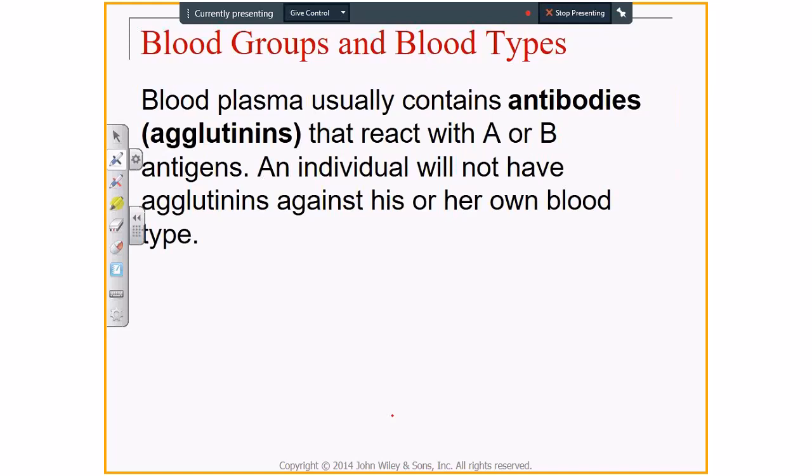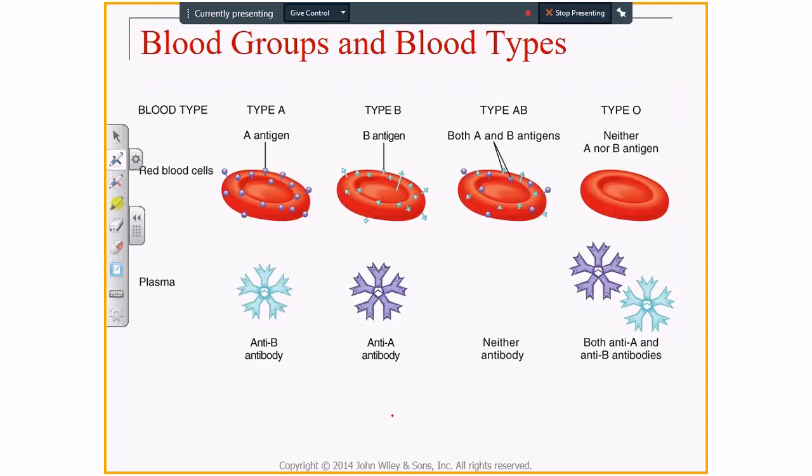Again, your bodies are really good at recognizing self versus non-self proteins. So a person with type A blood has the A antigen or protein on the surface of their red blood cells. That's what these little purple things are. But they will contain antibodies in their plasma against B.